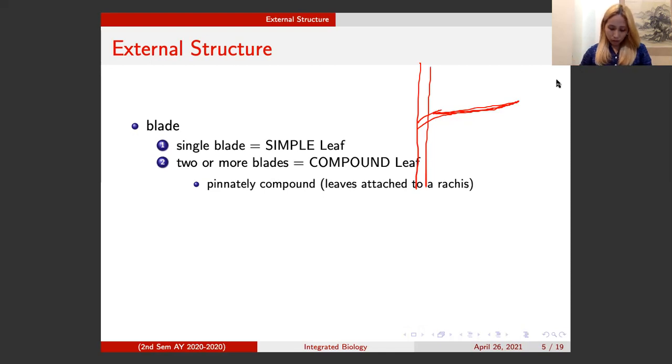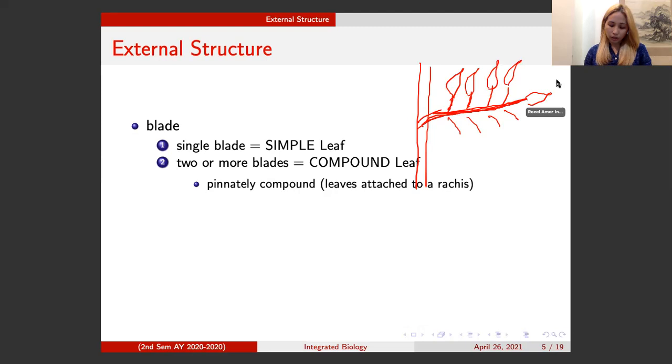Okay? These smaller leaf blades are connected to the petiole by a rachis. So there would be these small extensions of the petiole, and then you will find smaller leaves here.